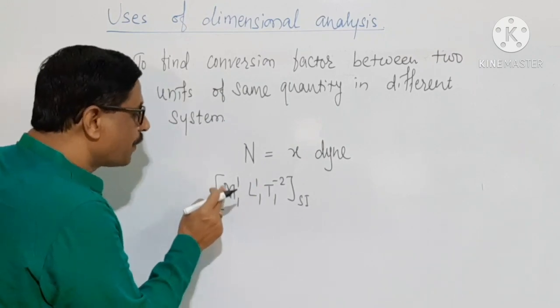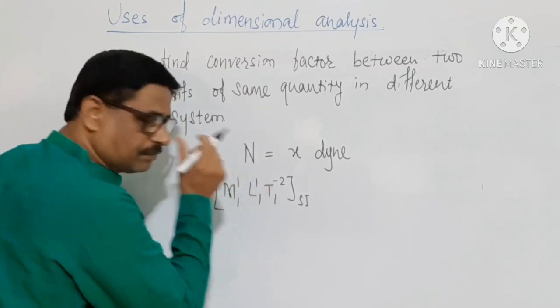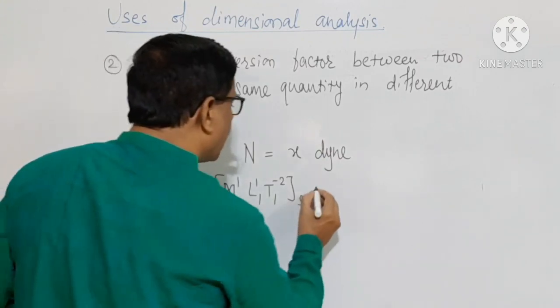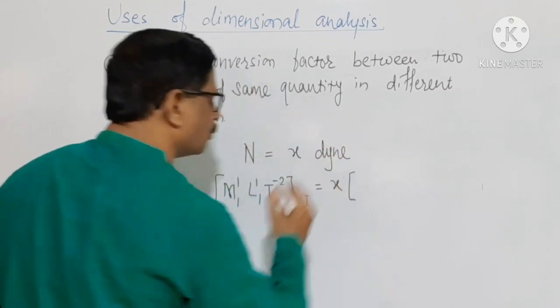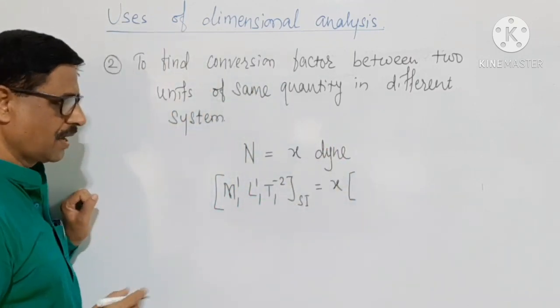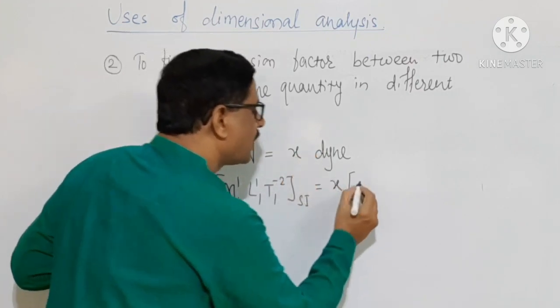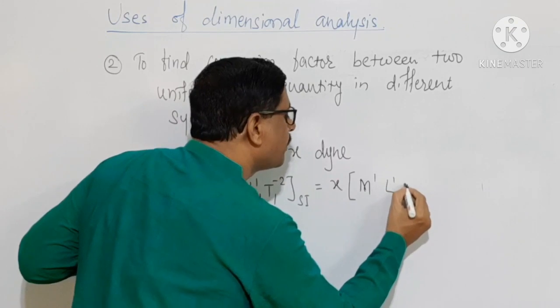These are the base units in SI system for mass, length and time. And similar to that, I will write x into the dimensions of force, which are again M1, L1, T minus 2.